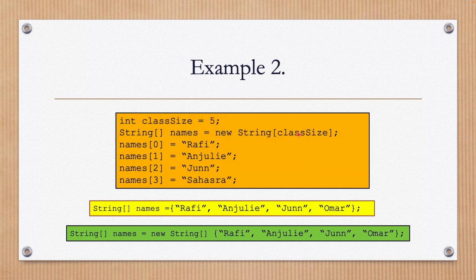Notice that the size always has to be an int value. Then I am assigning a value to each of the elements in this order. And here is another way at the bottom, the yellow, green. Yellow and green are preferred when you actually know the values of the array at the time of declaration.